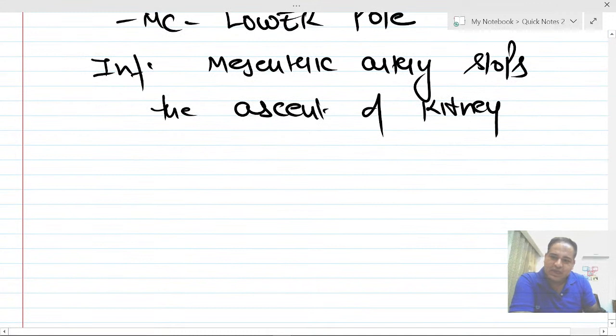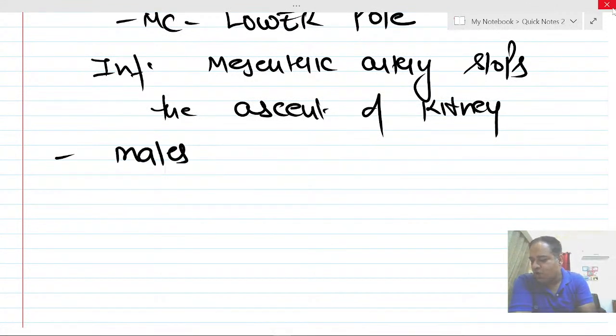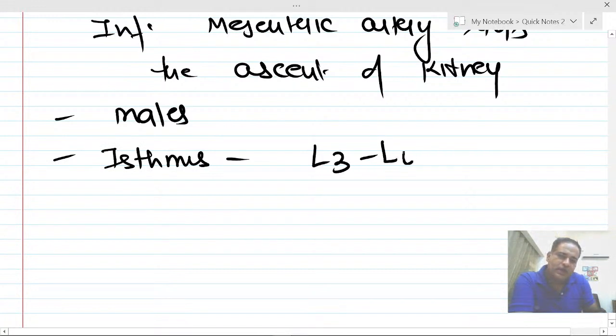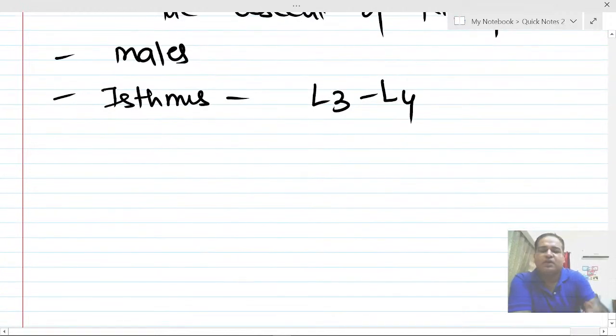It is slightly more common in males. Where the kidneys join, that area is called the isthmus. This lies in front of the third or fourth lumbar vertebra.